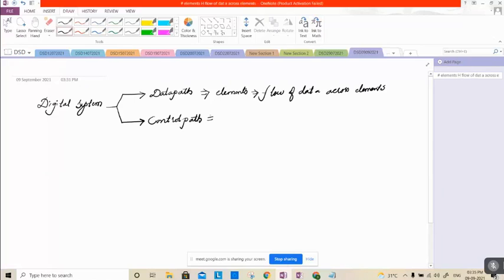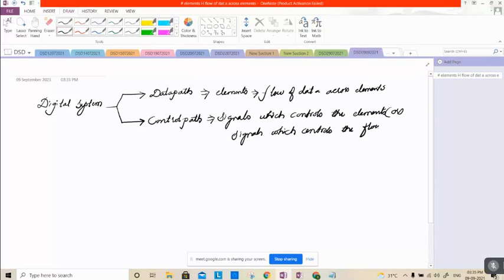Now the control path is nothing but the control signals, the signals which control the elements or the flow of data in a system.